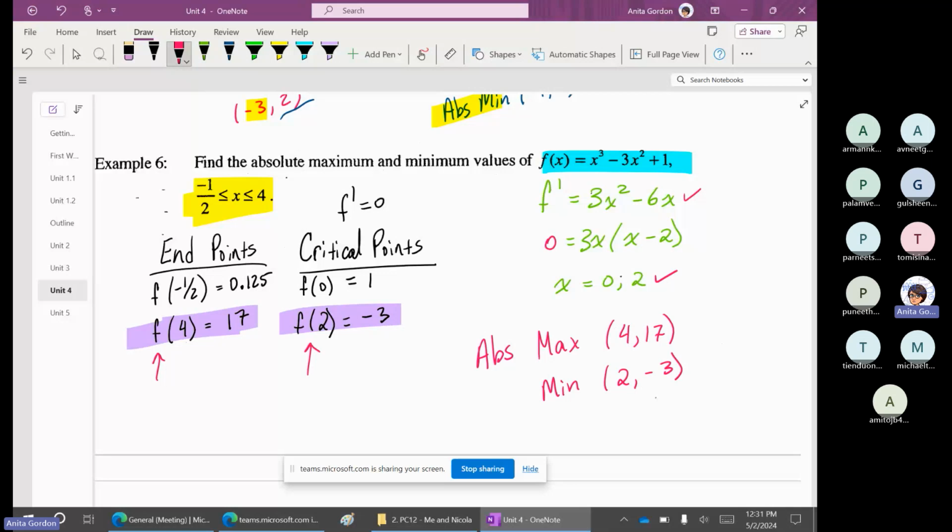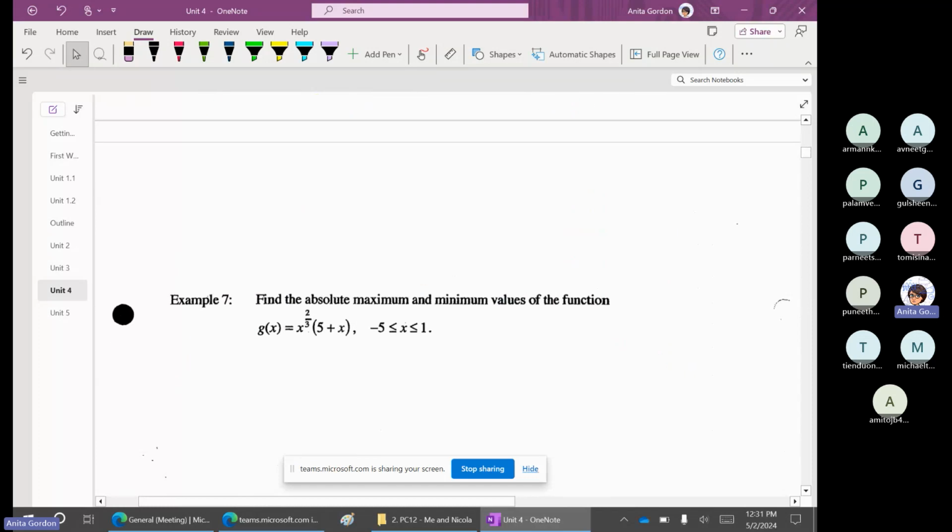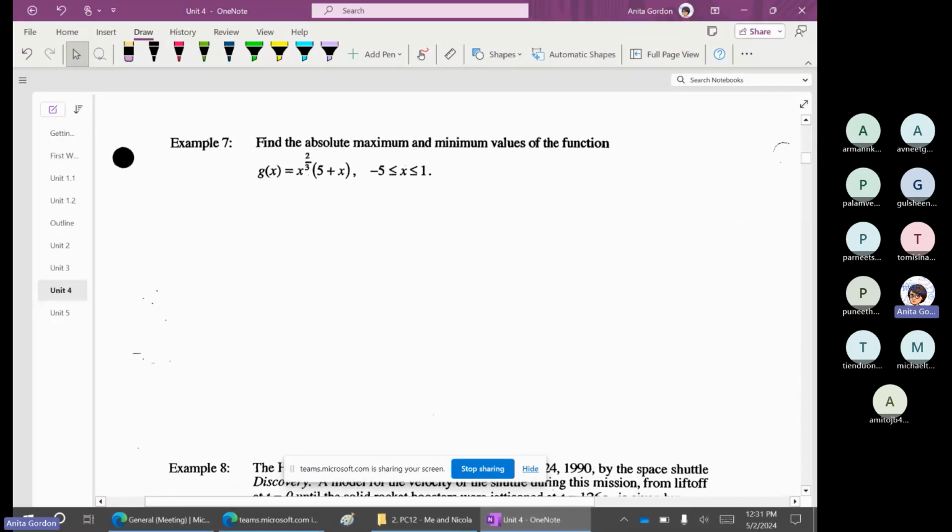Questions, comments, concerns? Okay, last 2 examples are slightly more challenging, and we're going to do one word problem as well. Same idea. I want you to find the absolute max and min in the function given, a slightly more complex function, so you're going to use your derivative rules.